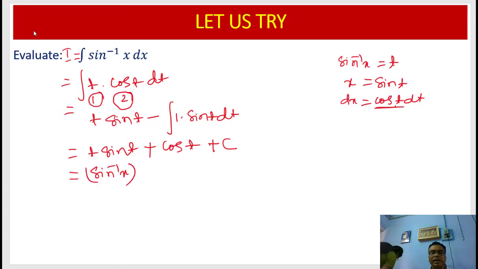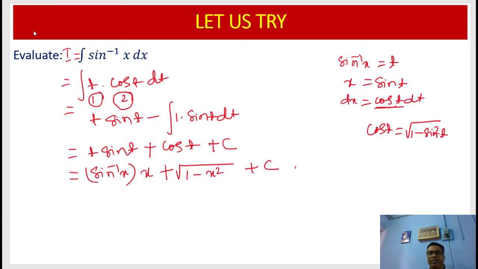And what is sin t? It is obviously x. What is cos t? It is under root 1 minus sin square t, so under root 1 minus x square, plus c. Got the idea?